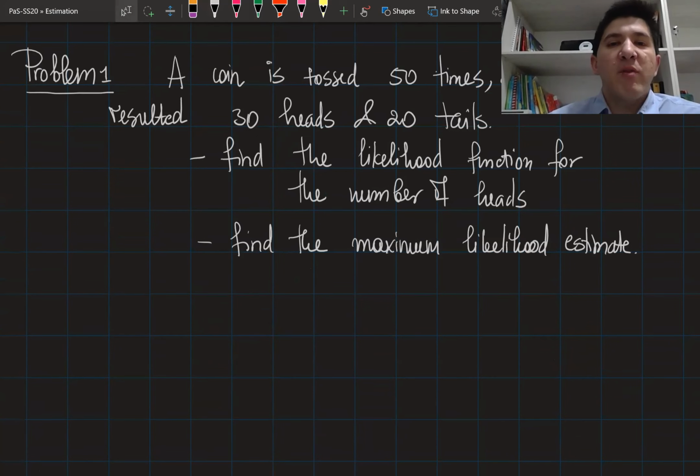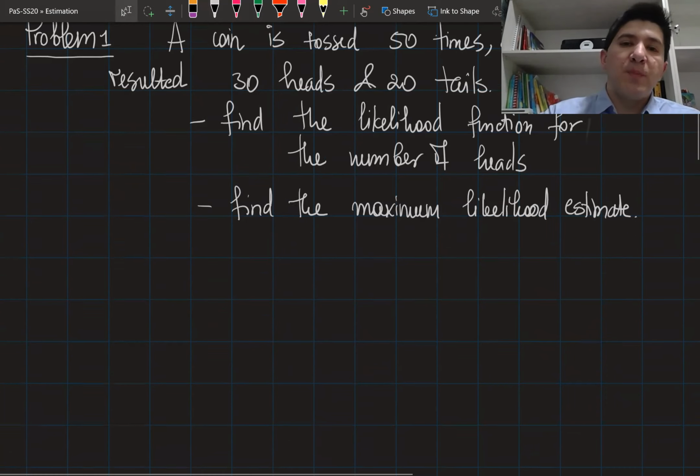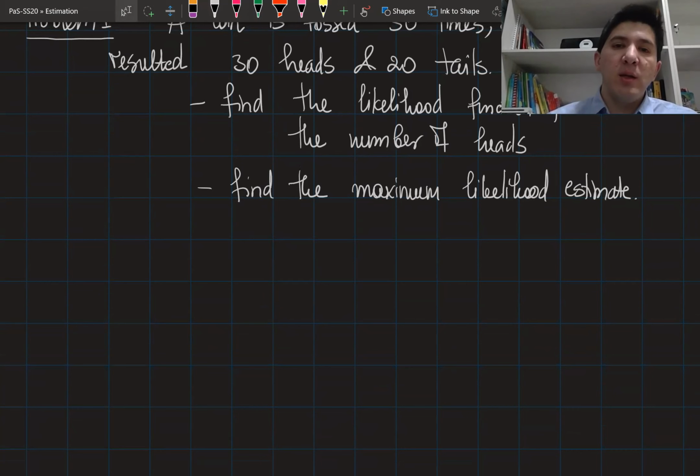So let's say I've got a coin which is tossed 50 times and resulted in 30 heads and 20 tails. So find the likelihood function for the number of heads, first of all. When you toss a coin and get heads and tails, the number of heads or the number of tails has the binomial distribution, right?